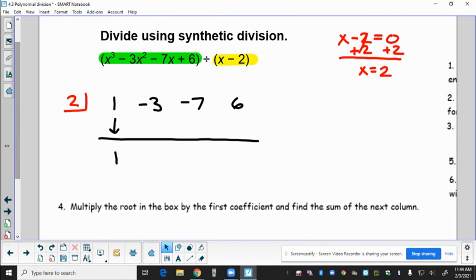All right, listen to this. Multiply the root, which in this case is 2, it's in the box, by the first coefficient and find the sum of the next column. All right, what am I talking about there? What I want everybody to do is multiply those two together. That would be 2, right? It's a positive 2, isn't it? Add those up. What do you get?